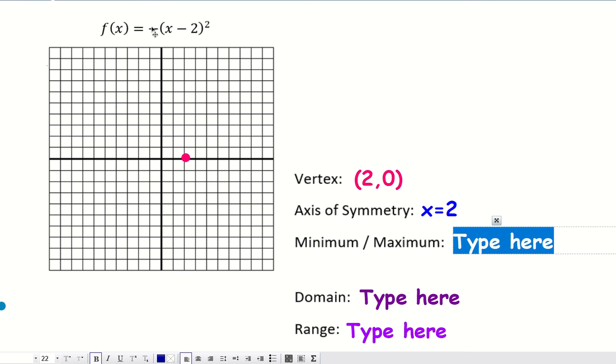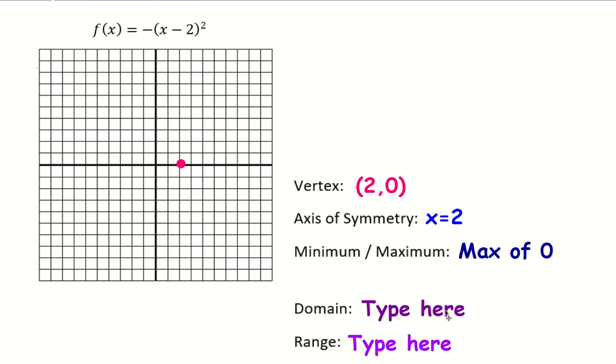And it looks like this parabola would also be upside down, because our a value is technically negative 1. As long as that a value is negative, your parabola is upside down, which means we have a max of 0. Our domain would be negative infinity to infinity, and our range would be from negative infinity to 0.